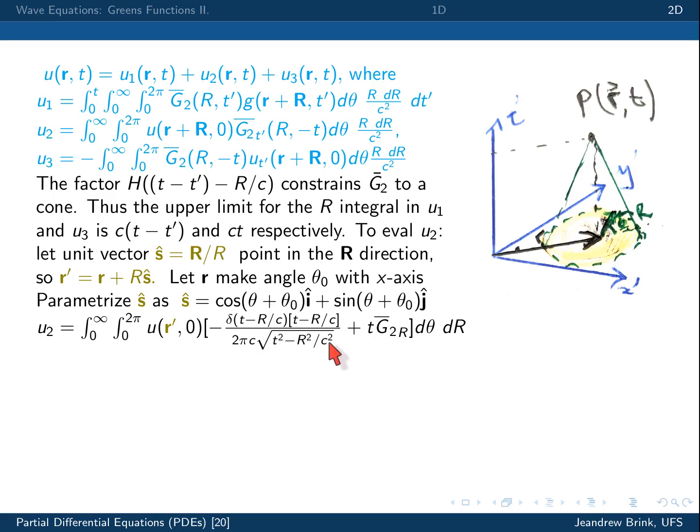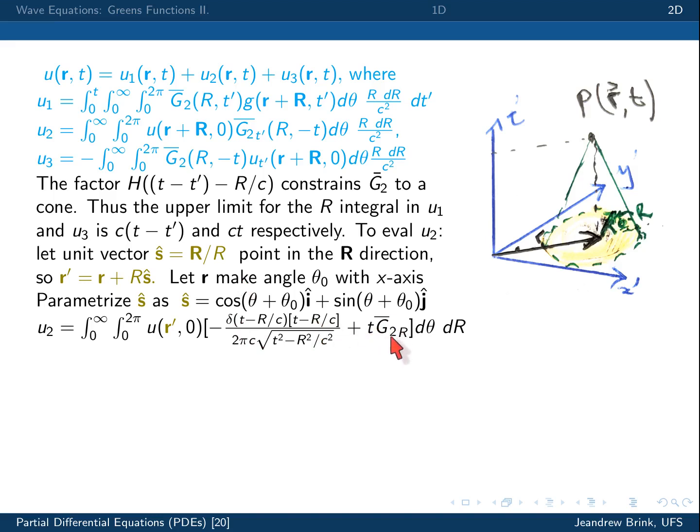Note that this r term over here is actually cancelled out in both the delta function and g2 of r over here. So if you go back and actually look at the expression of g2, you'll see that there's an r term in the denominator, and that's actually cancelled out to give you this result, which is very useful because you don't want things going to zero in the denominator at all.